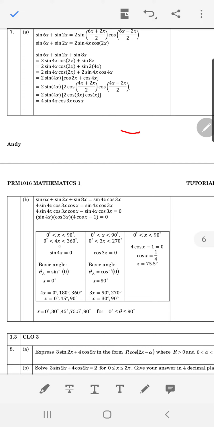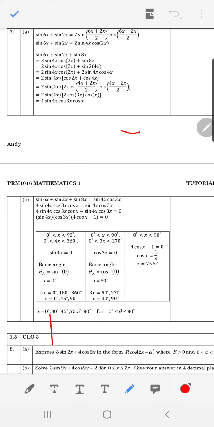So 0, 180, 360. For the cos graph, 0 is at 90 degrees and 270.